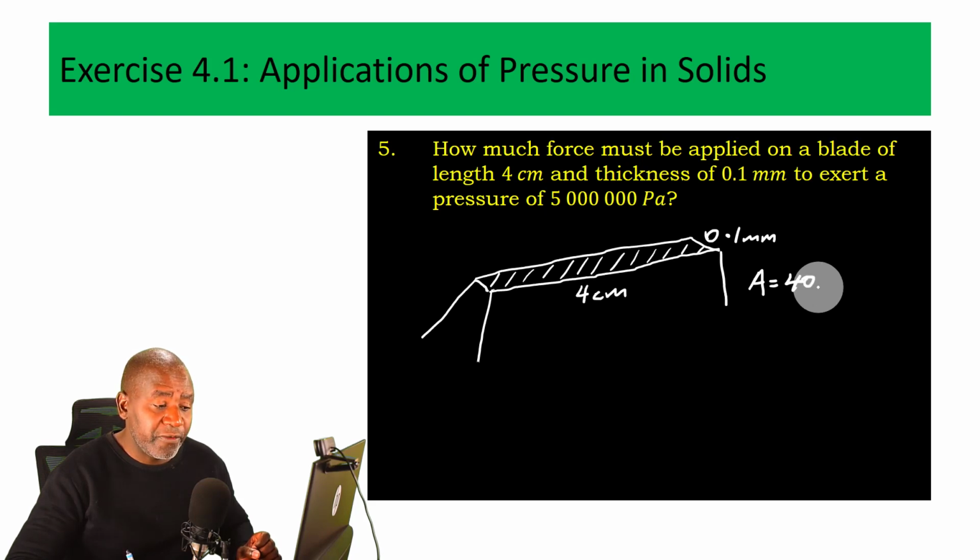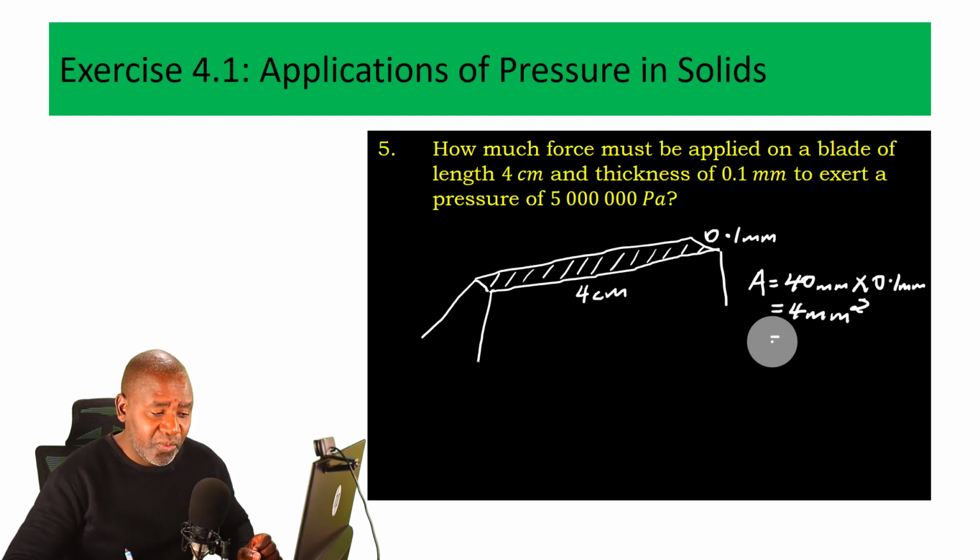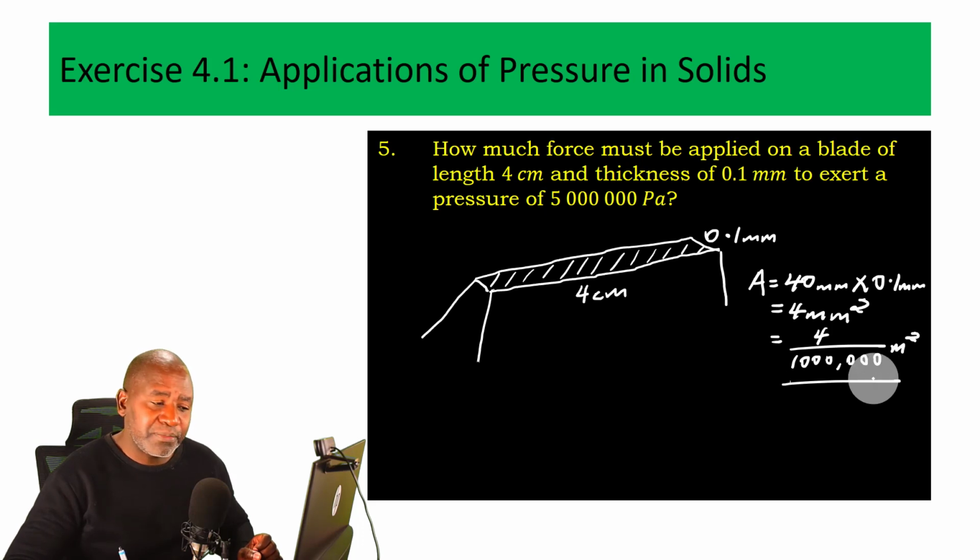So this one will be 40 millimeters times 0.1 millimeters, and you find that this gives me 4 millimeters squared, which will be 4 divided by 1 million meters squared, because I must express the area in meters squared.